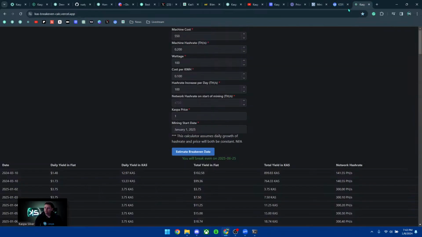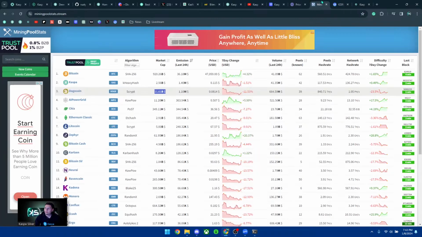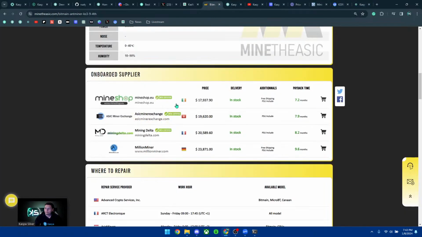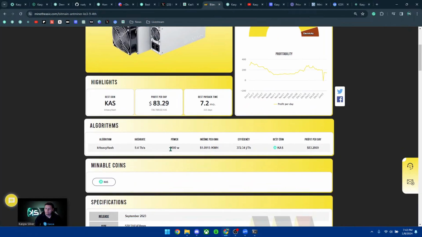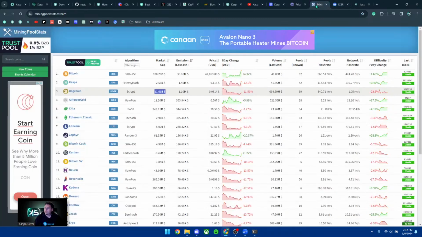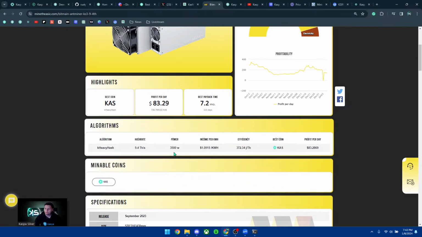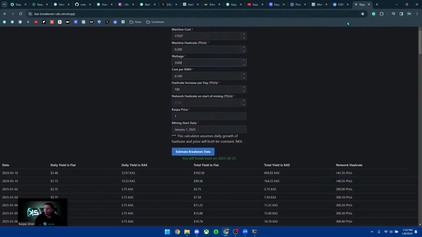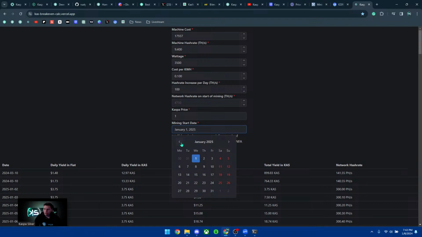So 17,937, let's see how that looks. I don't know how much the wattage is, 3,500, and the hash rate 9.4. Okay, I think this is all good, and we start today.